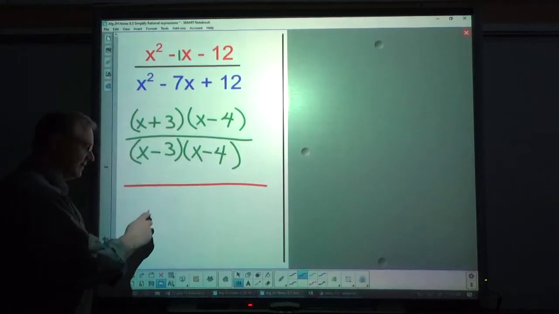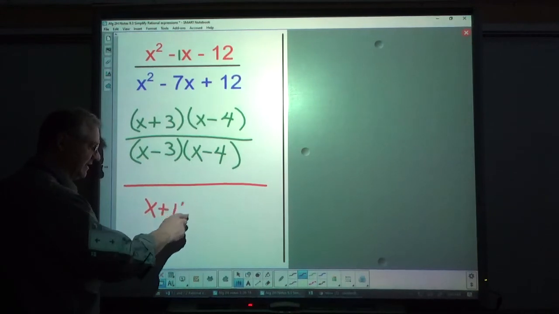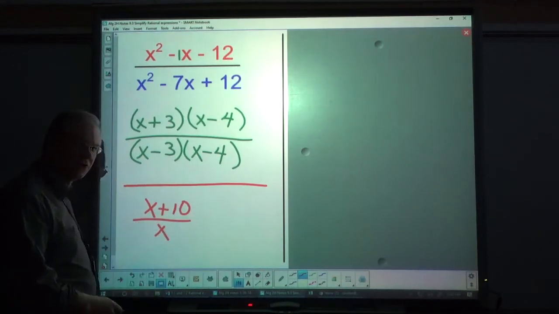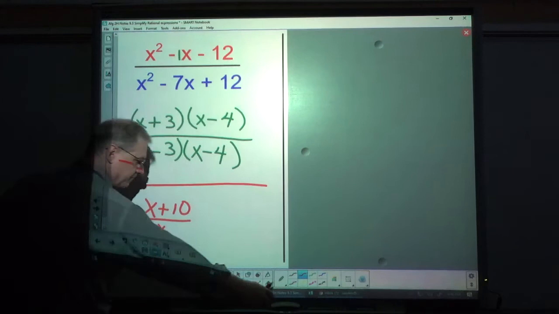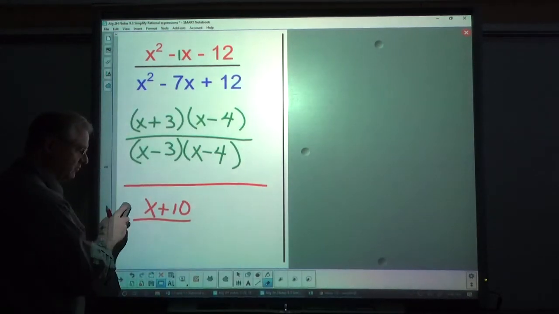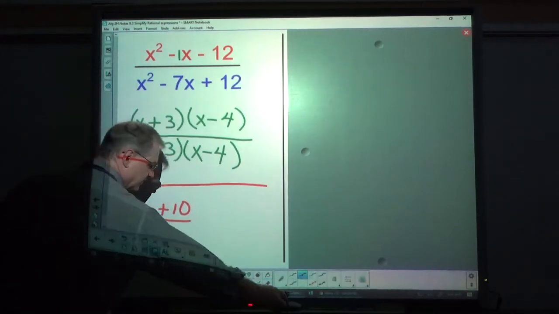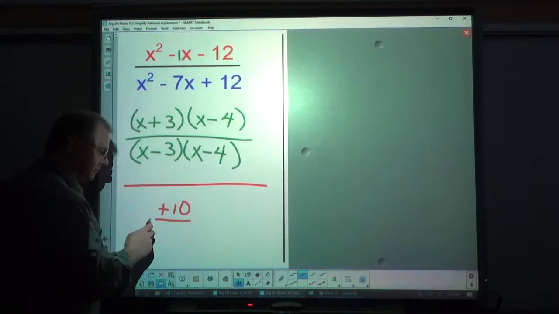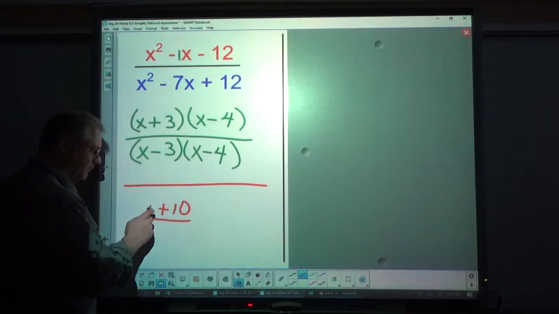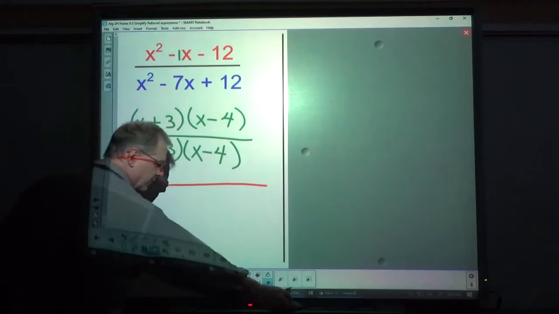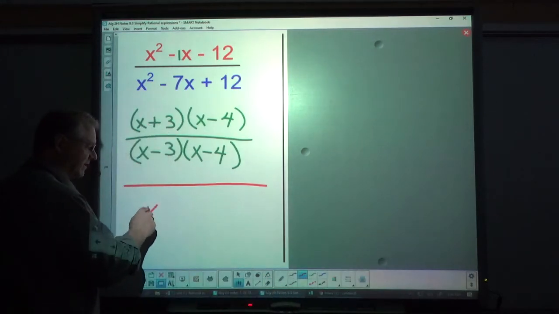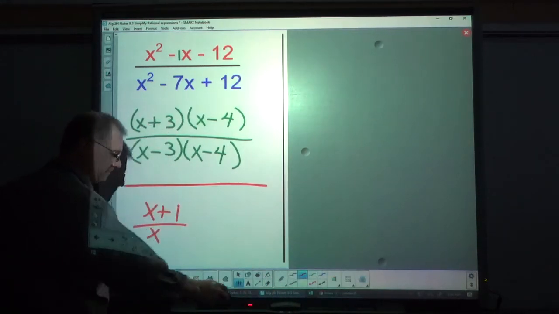If I had x plus 10 over x, you'd want to cross out the x's. But what if I told you that, no, that's not what I wanted. I wanted x plus 1 over x.